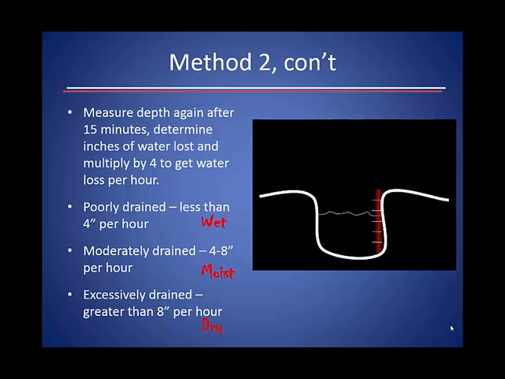If you're draining less than 4 inches per hour, you've got wet or poorly drained soils. If you're draining greater than 8 inches an hour, you've got well-drained soils bordering on dry soils. So those are 2 tests you can take, especially if you're unfamiliar with the property or you're trying to help somebody as a master gardener do their landscaping and you want a better understanding of their drainage situation.